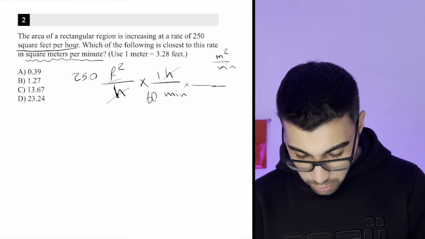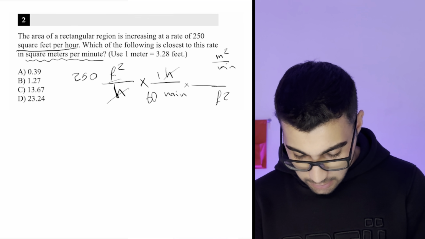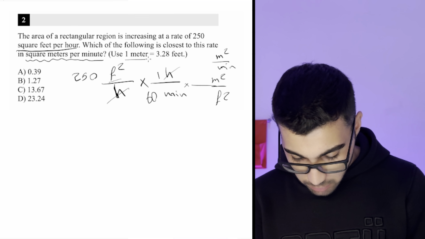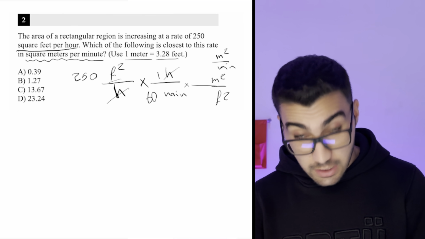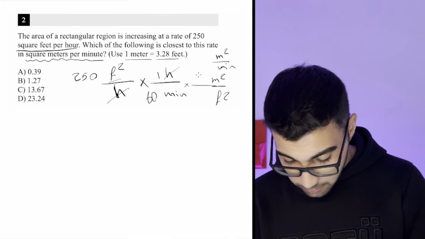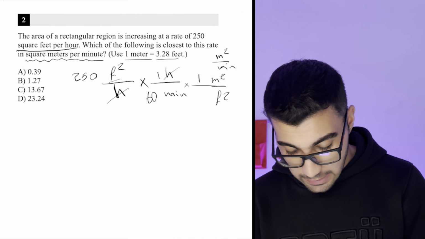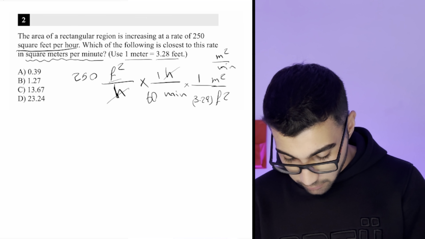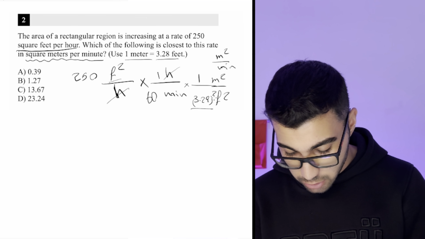Then let's convert the square feet. The square feet is up, so I'm going to write it down because we want to cancel them, and I have to write a square meter up. And here it says 1 meter is 3.28 feet. Here is the important point: 1 meter is 3.28 feet, so 1 square meter is 3.28 squared square feet. So don't forget that square here.